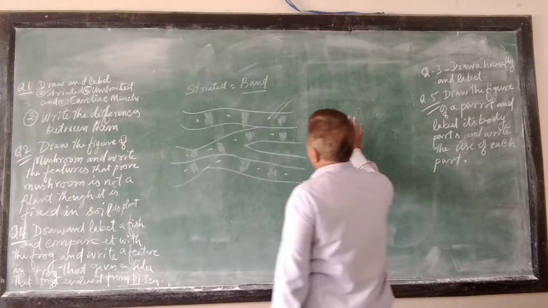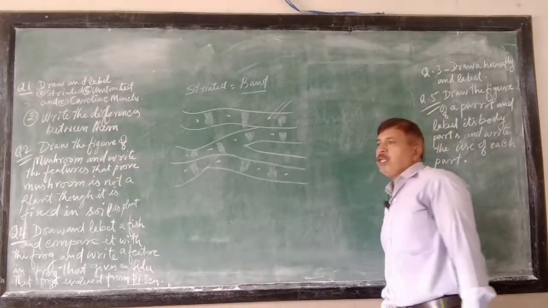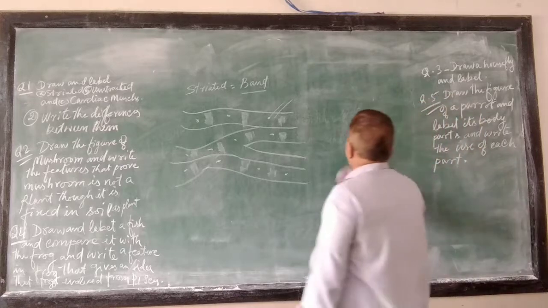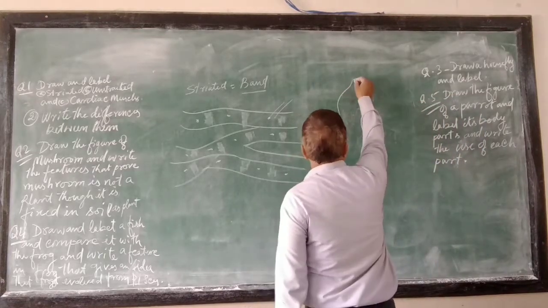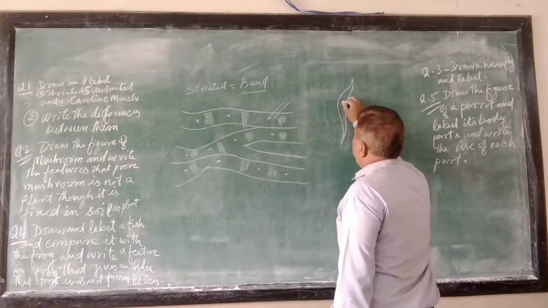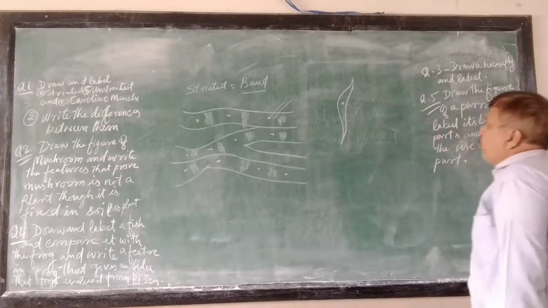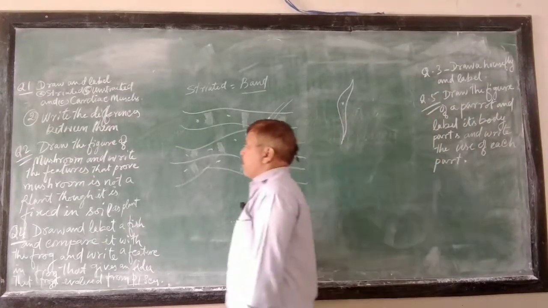Similarly, the unstriated muscles, they are also known as smooth muscles. What is their shape? They are spindle shaped, like this. They are spindle shaped and singly nucleated. So, you have to draw the smooth muscles.